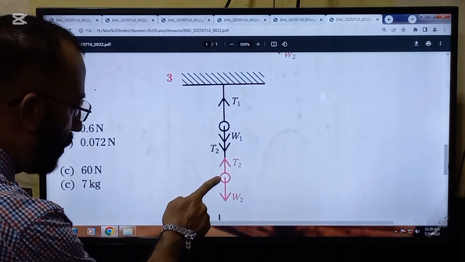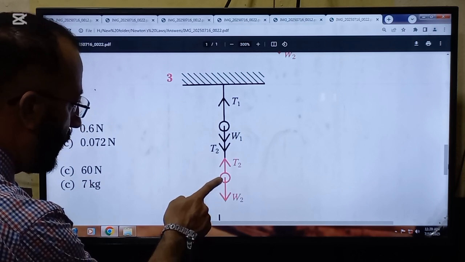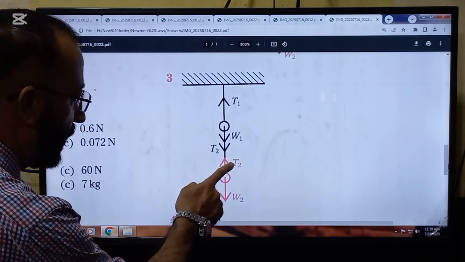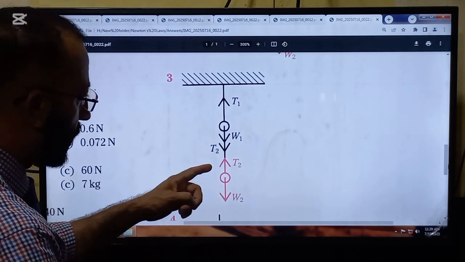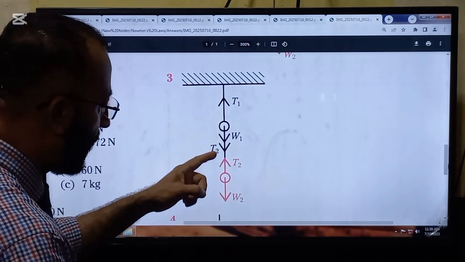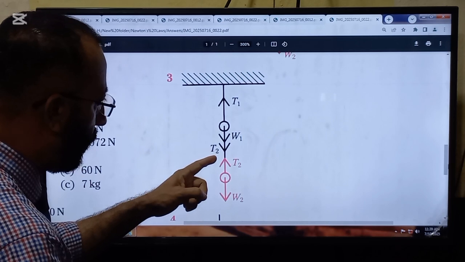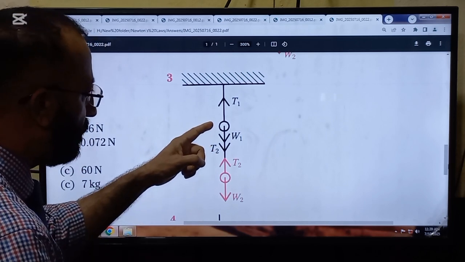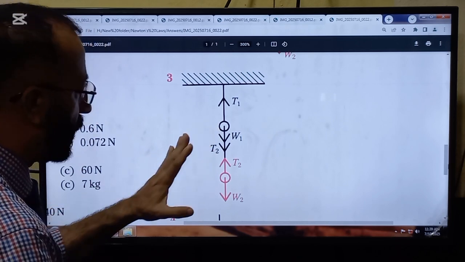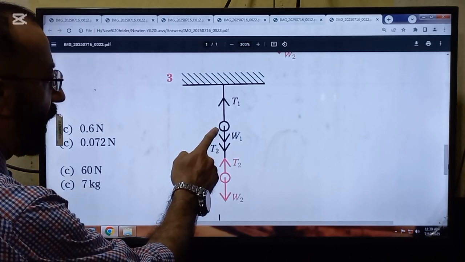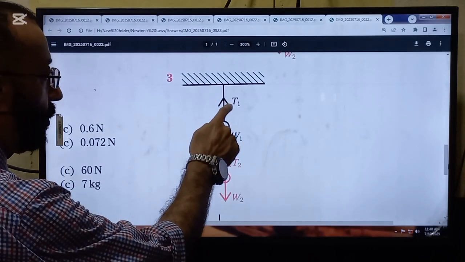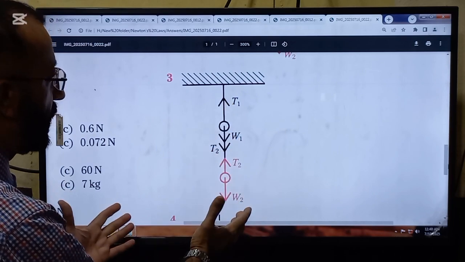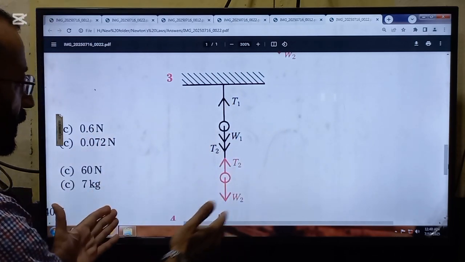The weight of this body will act downward, and in return there will be a tension in this string, that is T2, which is equal to W2. But in return there will be a tension in the downward direction also. At the same time the weight of this body will act downward, and in return there will be an equal reaction in the upward direction also. These are all the forces in this figure.